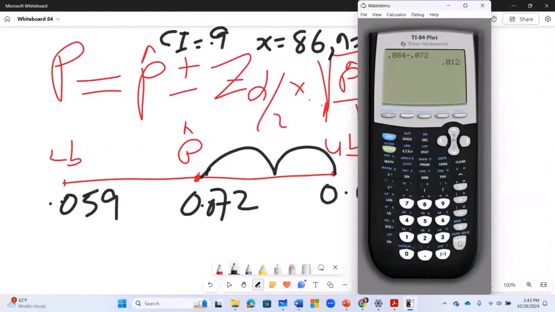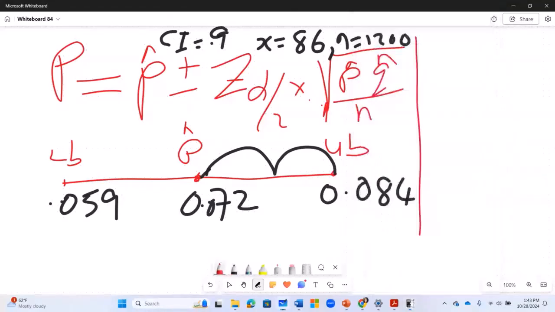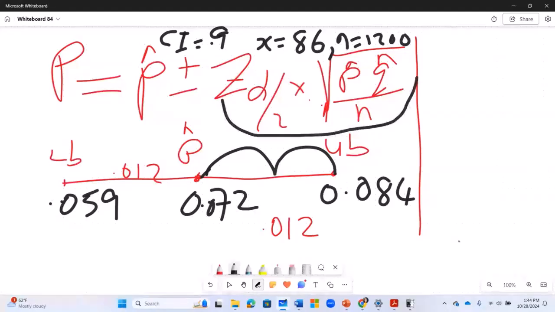So the margin of error is 0.012. If I find the margin of error here, I have 0.012 also. And by the way, what is this margin of error? The margin of error is this quantity, and that margin of error is 0.012.